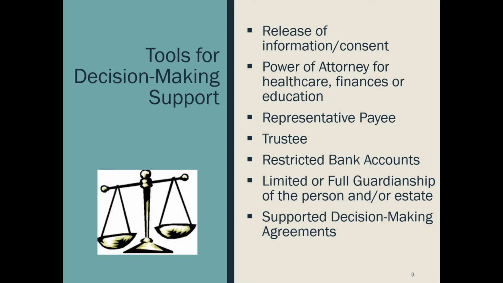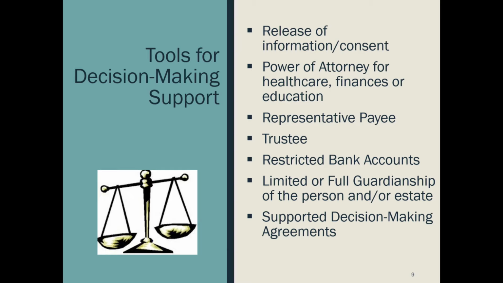And then another level of designating who's involved and how they're involved are what are called powers of attorney. You can have powers of attorney for healthcare and finances. It's easy to do. The forms are available on the Department of Health Services website, and the link is at the end of this presentation.